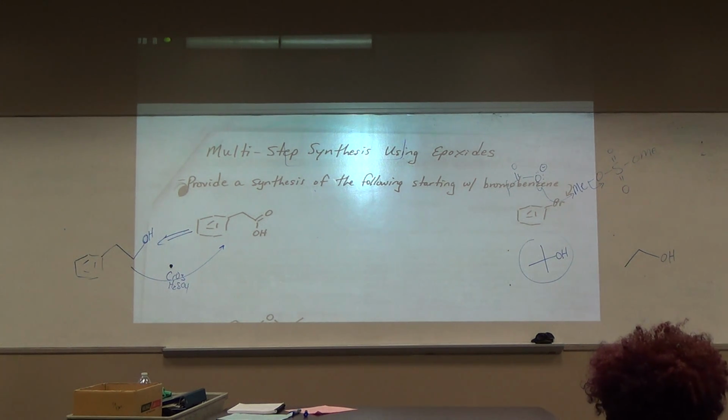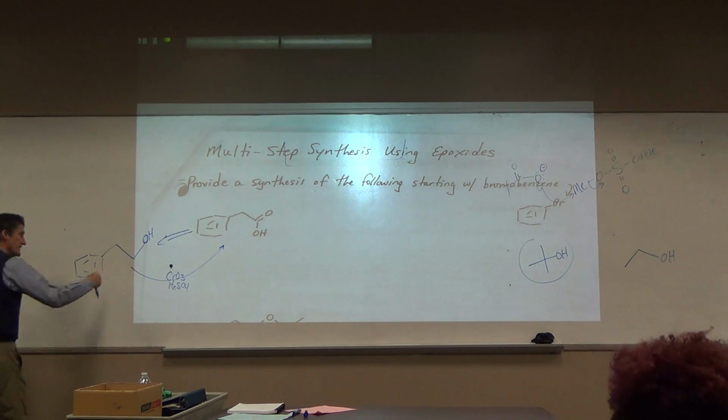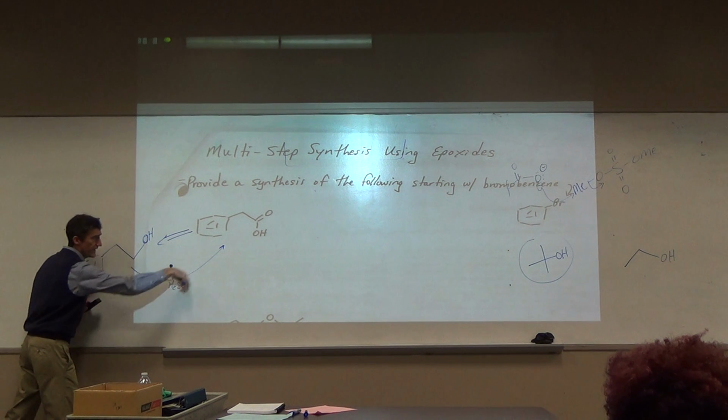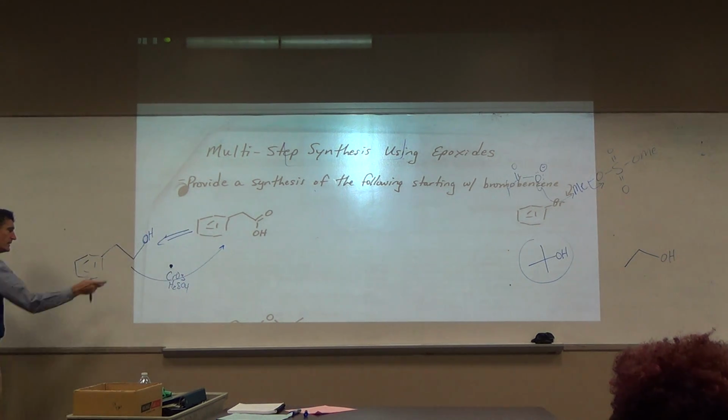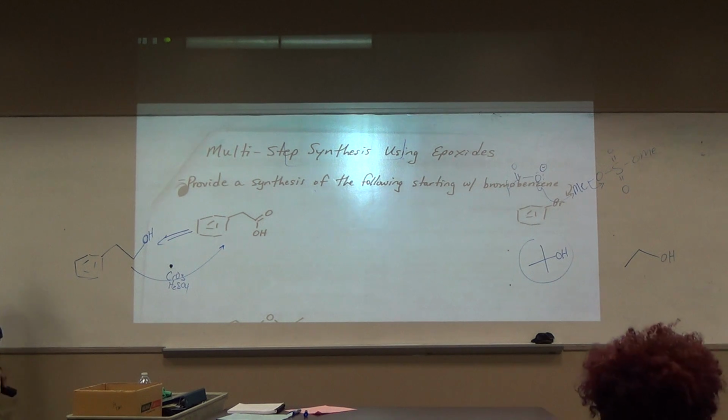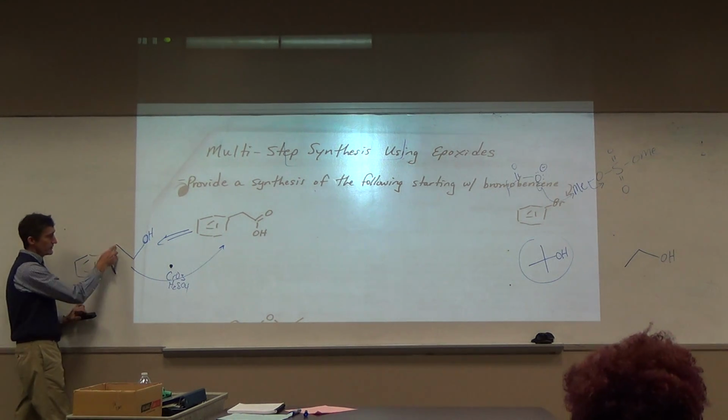Now the problem becomes, how do you synthesize this? Because if we can synthesize this, then we know how to get home from there. Now let's start here. How do you make this? You have a nucleophile carbon, carbon-carbon-OH.